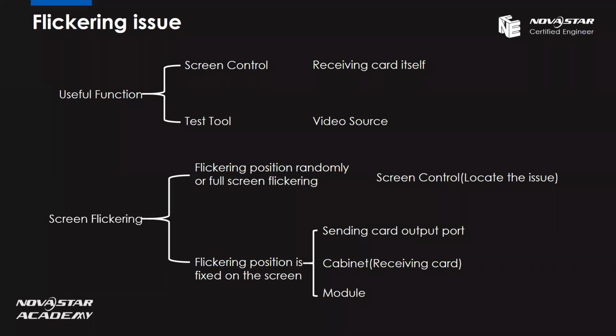In that case, maybe the problem is from the sending card output port, or maybe it's from the cabinet, in other words the receiving card. And another possibility is the module. So we have to check these three situations. Okay, the above content is our review of the last course.